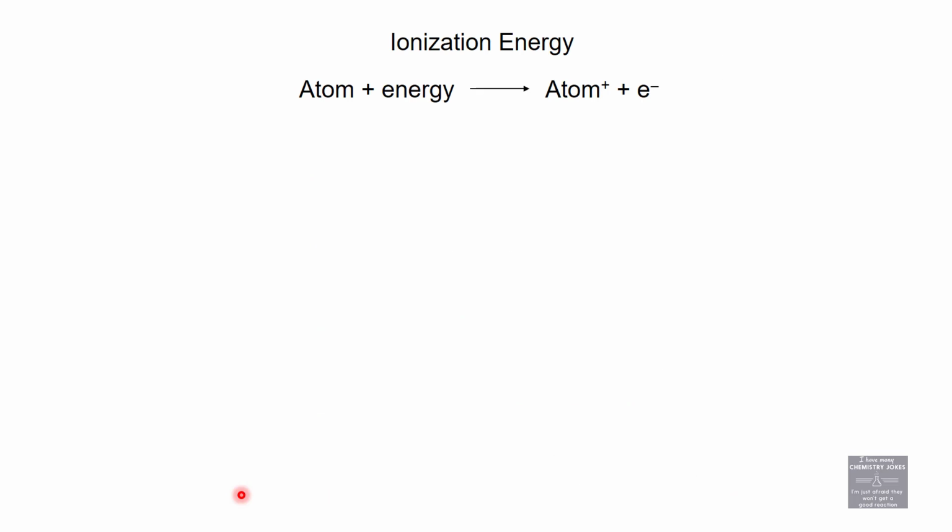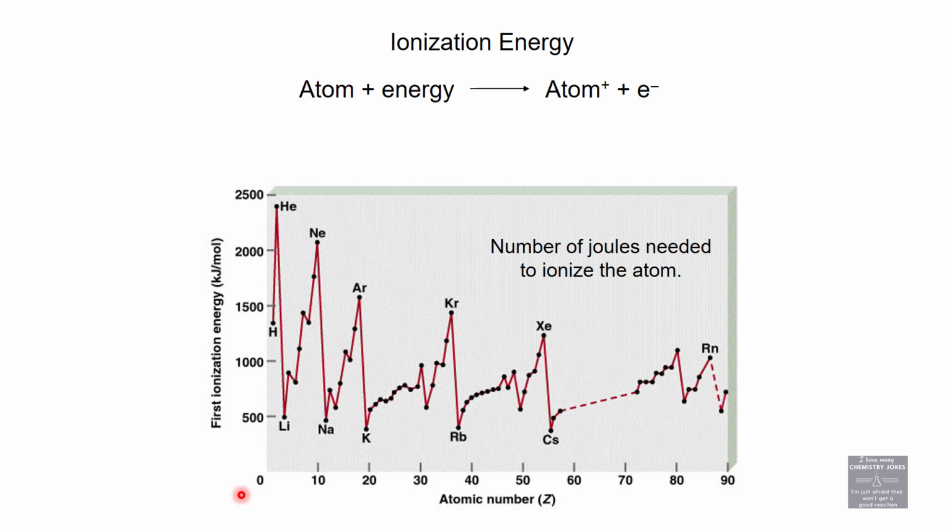Ionization energies are what we are using to help us determine what this electron cloud looks like. And if we look at a chart of ionization energies, we can see that there are a lot of high points, meaning it takes a ton of energy to remove an electron from helium, a ton of energy to remove an electron from neon, a ton of energy to remove an electron from argon, krypton, xenon, radon.